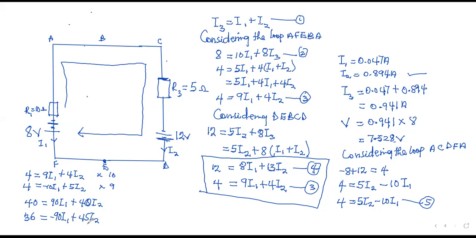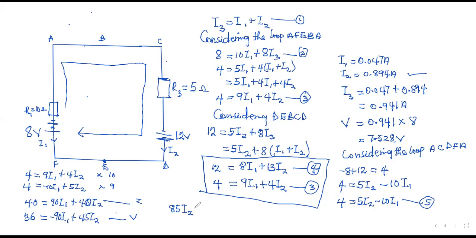Let's add them. This is equation Z and then V. When we add equation Z and V, we have 85 I2.